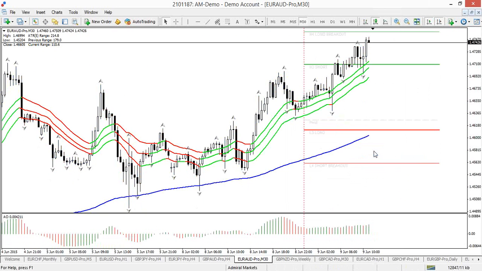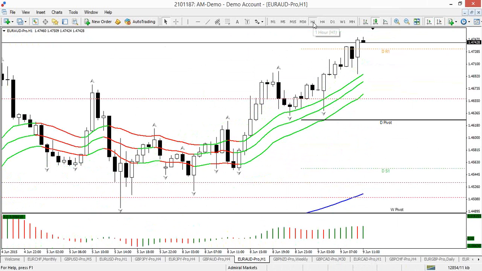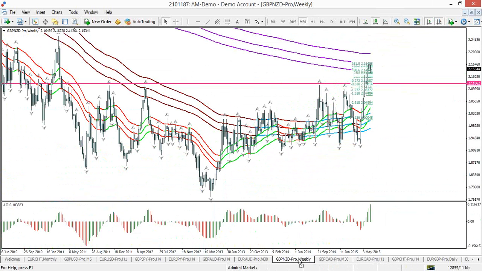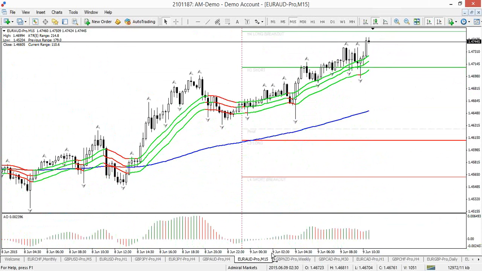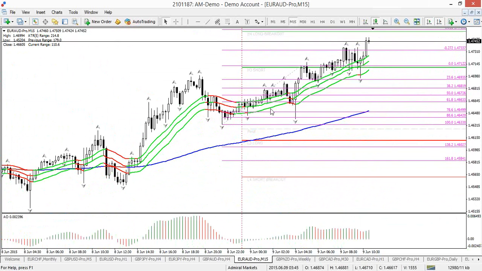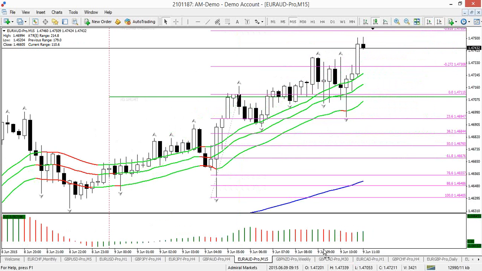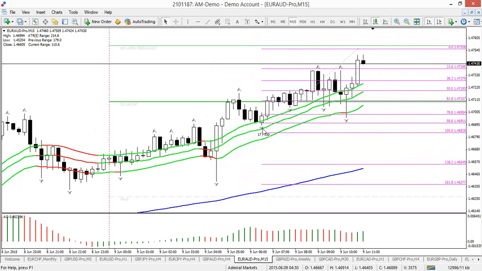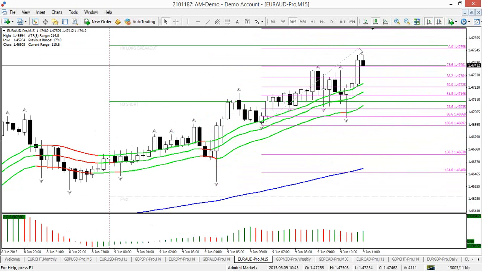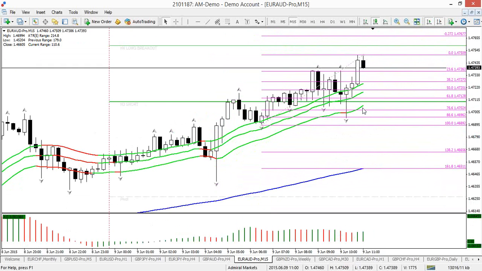Let's put Camarilla on. Let's see. 147.50 is the level at the moment.